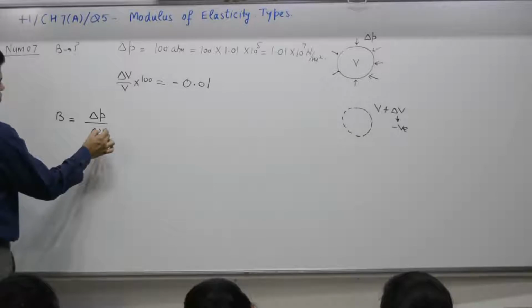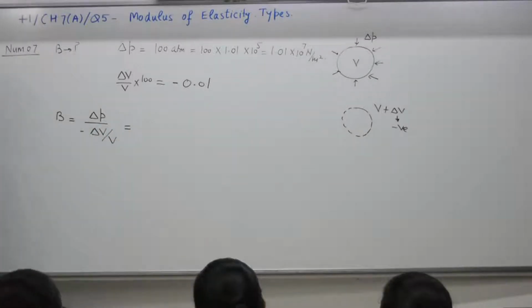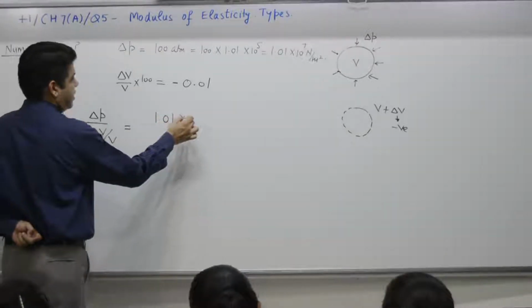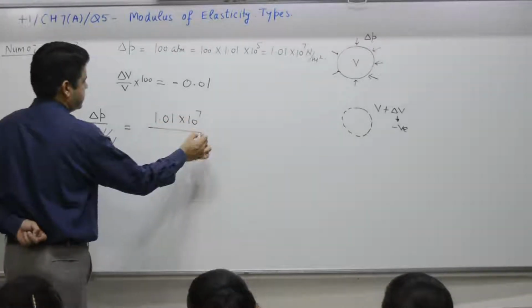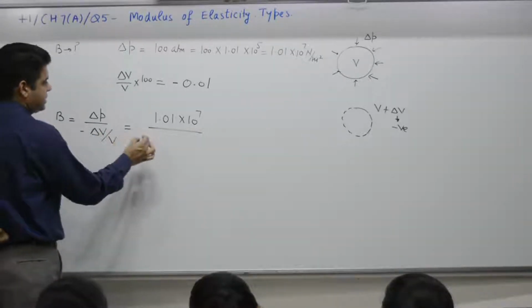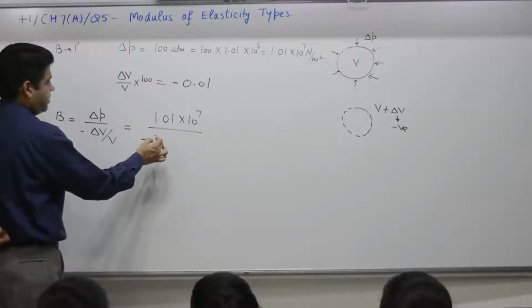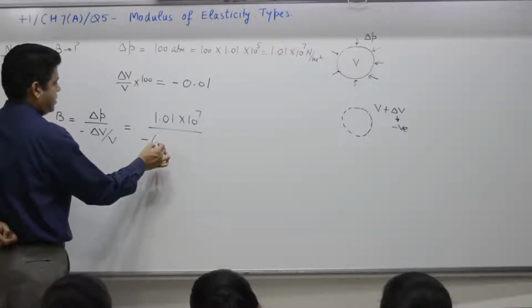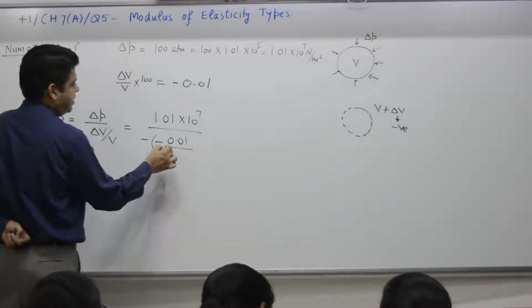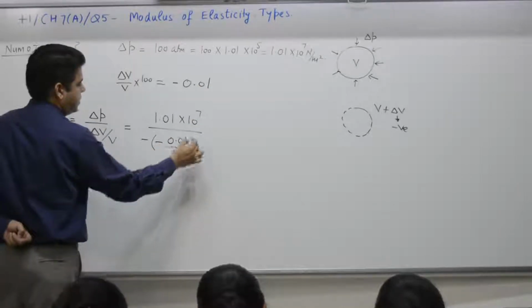Stress over strain. Delta P is 1.01 into 10 raised to the power 7 SI units, and this value is minus 0.01 divided by 100 in the denominator.